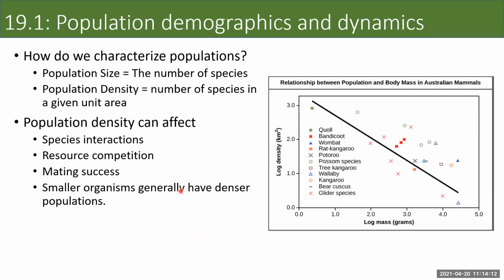Now that we've defined populations and talked about what influences population size, we can characterize populations based off of their size, so the number of individuals in the species, or we can characterize them based off of population density. Population density is basically the number of individuals in a given unit area.